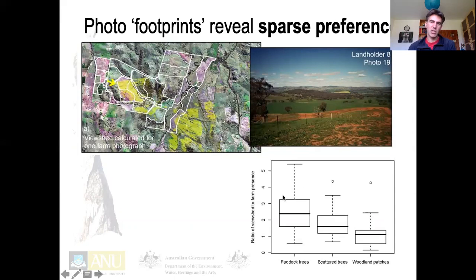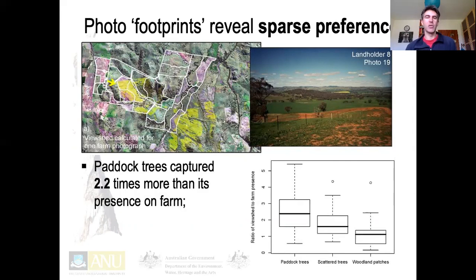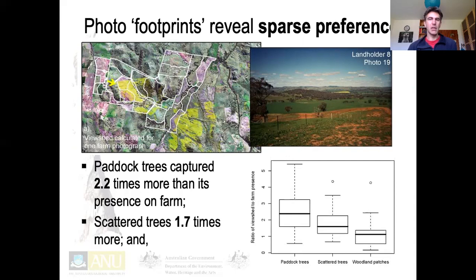So disproportionately, people took photos of isolated trees. Isolated trees are declining massively, but they also seem to be particularly preferred by farmers in terms of their choice of what they take photos of when asked to take photos of significant features on their farms. So more than twice as much as expected by chance, people took photos of scattered trees. An interesting finding.